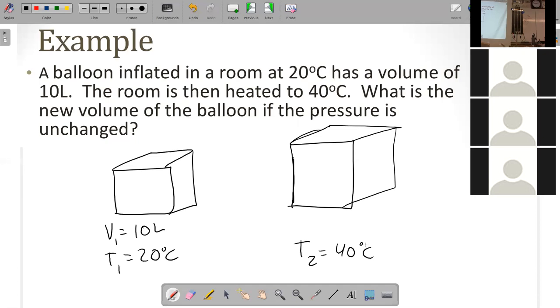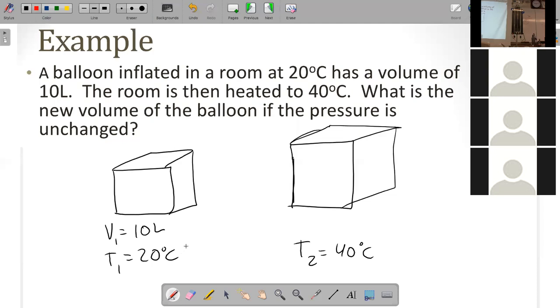All right, now here's the thing to know. It looks like at first glance that this temperature doubles from 20 to 40. But the thing you have to be really careful about, whenever you talk about temperatures, is that this temperature hasn't doubled. The number has gone from 20 to 40, but the true temperature has not doubled. That's because the temperature must be an absolute temperature.